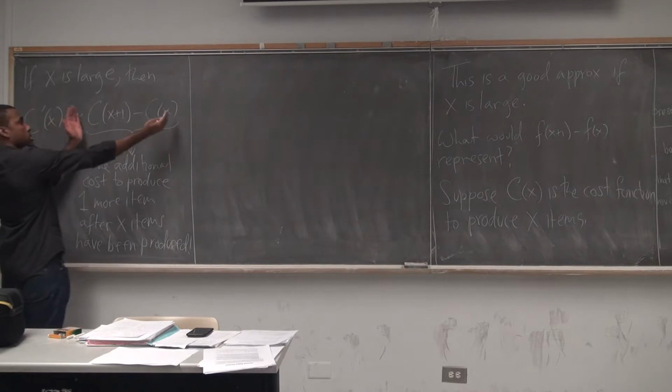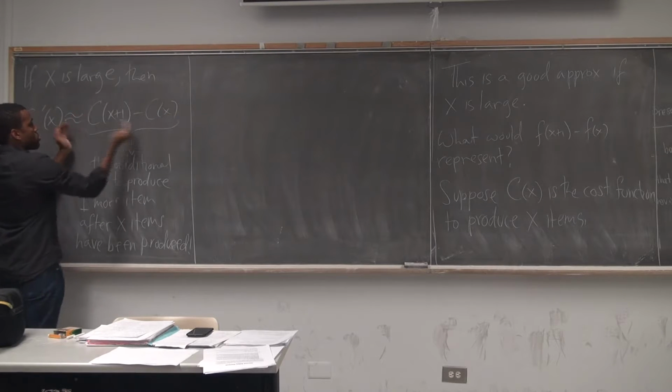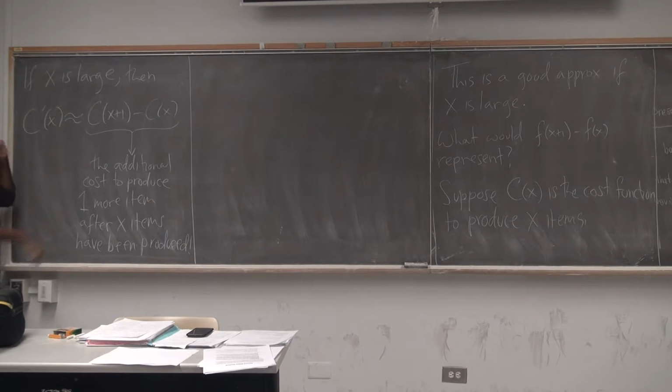And notice that this quantity can be approximated with the derivative at X, right? Meaning, if I produce 1,000 items and I want to know how much more it is going to cost me to make one more item, all I have to do is look at the derivative evaluated at 1,000. And that's going to tell me how much additional cost I would need.